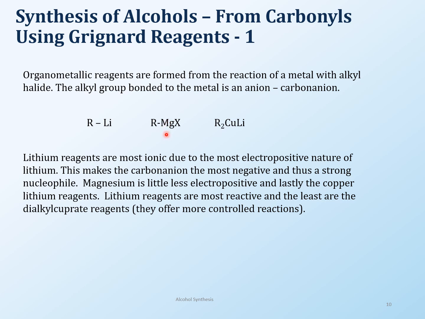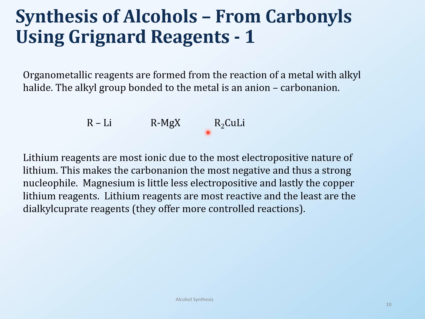So the R group connected to the Grignard is not as strong a nucleophile, but it is still pretty strong. The main difference between these two is that the Grignard reagents are a little bit more controllable and easier to work with. The lithium reagents are really very, very tough to work with, because the R group is a very, very strong nucleophile.